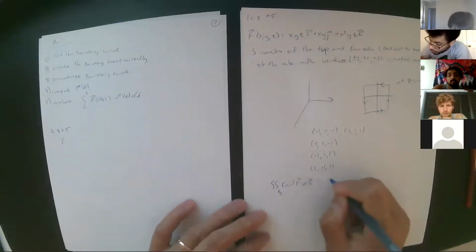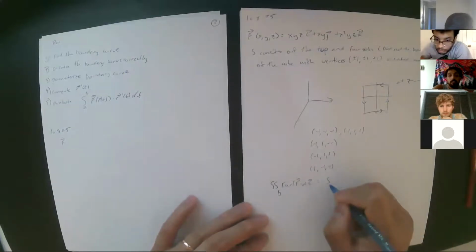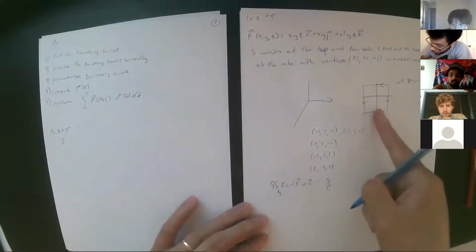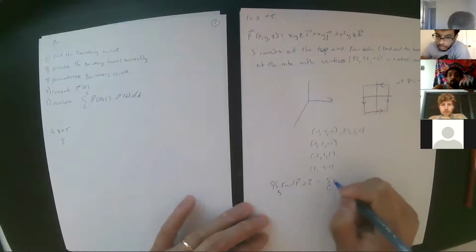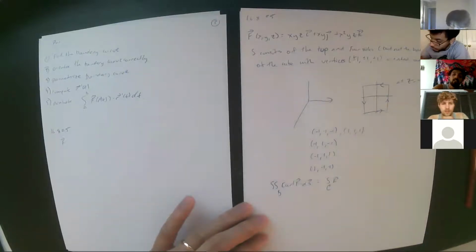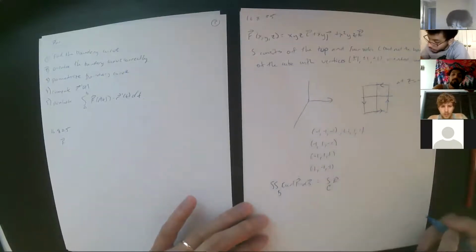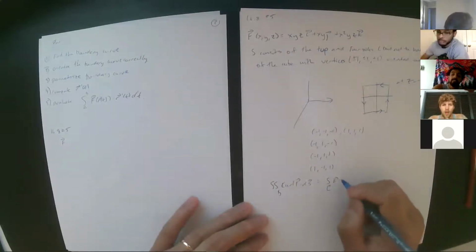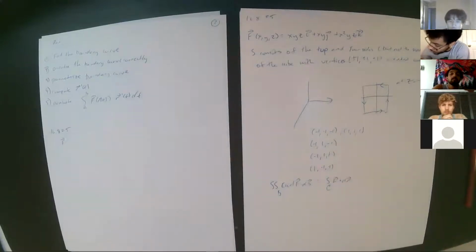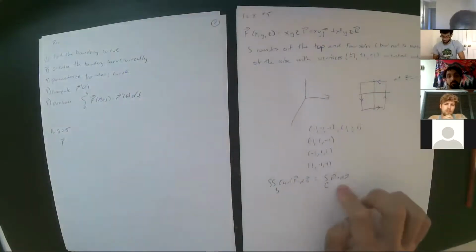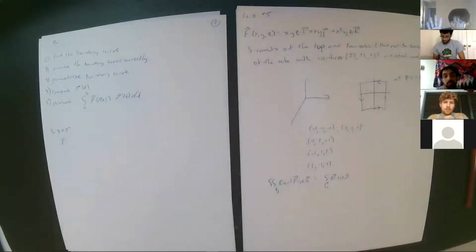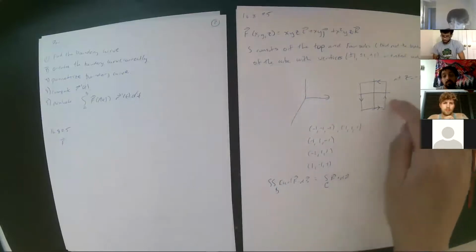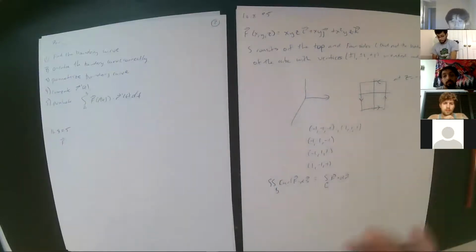But this is equal to the integral over this curve we just drew of f dot dr. How would we compute this? We would need 4 parameterizations, because these are 4 different curves, and then we compute 4 different integrals.